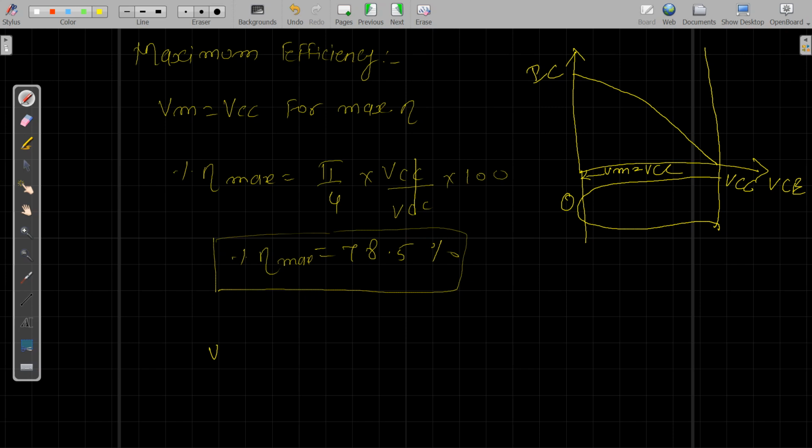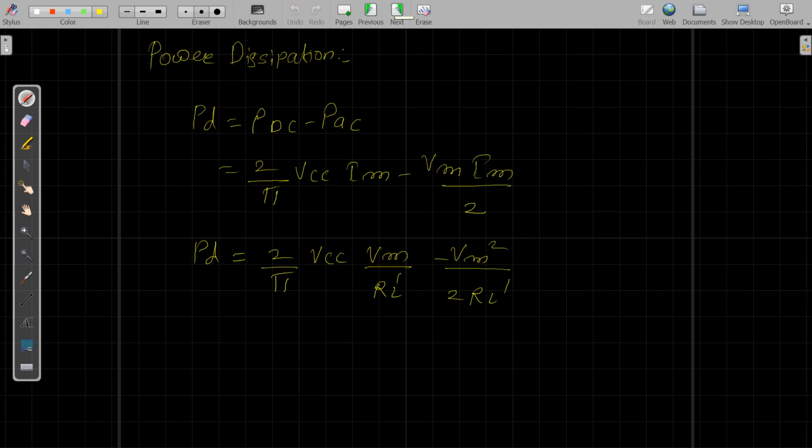That means the maximum possible theoretical efficiency, and these are all theoretical, right? When you do practical experiments, obviously the efficiency obtained will be less than the theoretical value we derived, 78.5%, which is quite high compared with the transformer coupled class A and series fed directly coupled class A power amplifiers. Now the last topic is power dissipation.